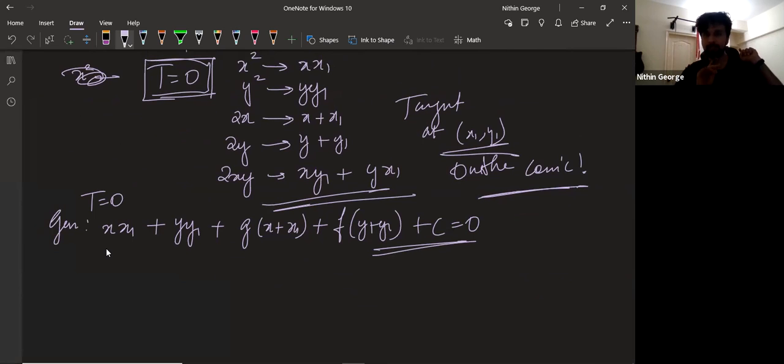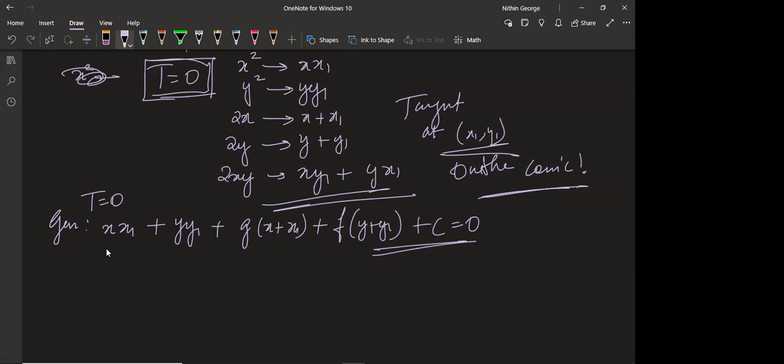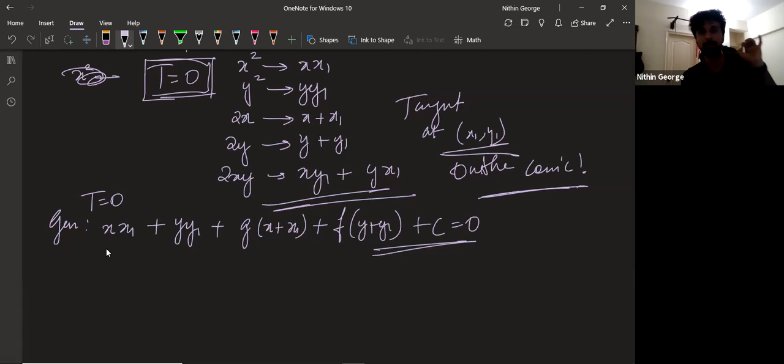Okay, guys? Just remember this. Whenever you replace x square with xx1, y square with yy1, 2x with x plus x1, 2y with y plus y1, 2xy with xy1 plus yx1, then you get the equation of tangent. Exactly. So you will always get the equation of a tangent. It's very handy. It's used in other cases as well. But remember this as equation of tangent for now.